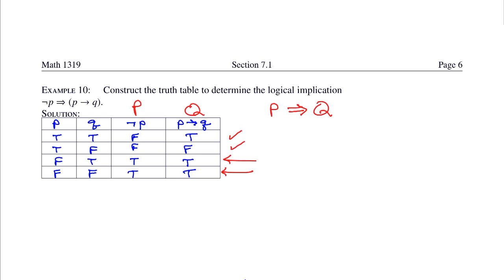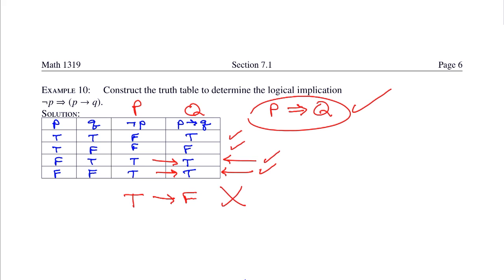You really only have to check the true statements. This true, does it imply another true statement? Yes. And this true, does it lead to this other true statement? Yes. So the logical implication is true. What would have happened if this had messed up is somewhere in this column you would have had true, and somewhere in the same row it would have been false, true leading to false. Then that would have killed it.